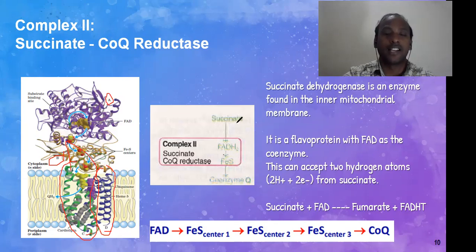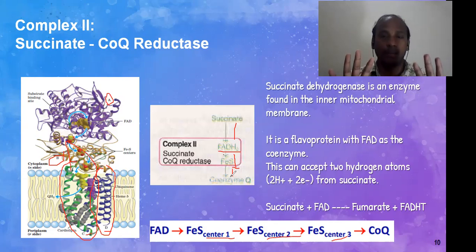You can see here succinate is giving 2 hydrogens and 2 electrons to FAD, and it is converted into FADH2, and finally the electrons are passed through the iron sulfur centers. There will be 3 iron sulfur centers. We call them center 1, center 2, and center 3, and finally the electrons are given to coenzyme Q. Only FADH2 can enter into complex 2, but all NADH enters at complex 1.